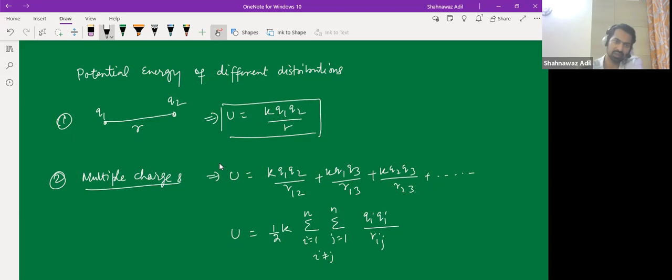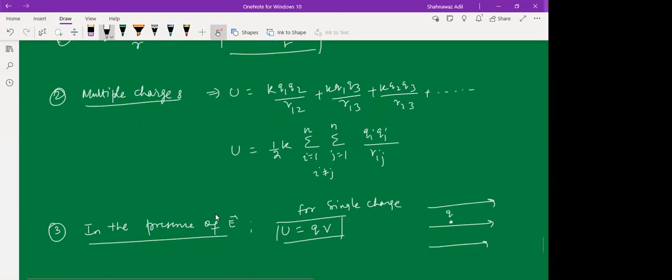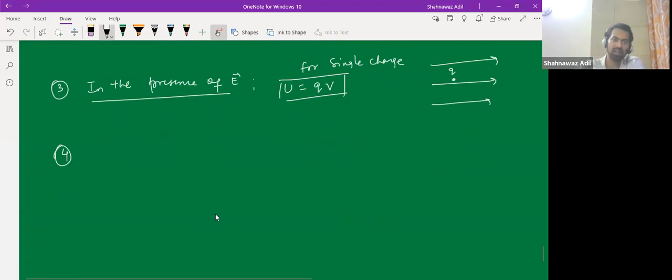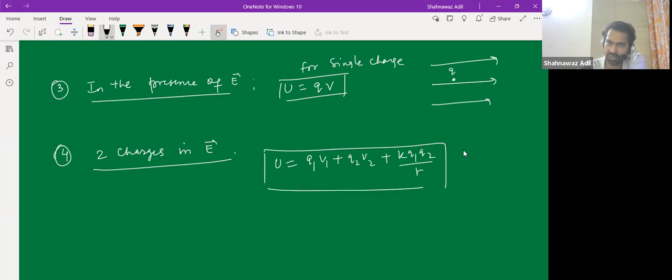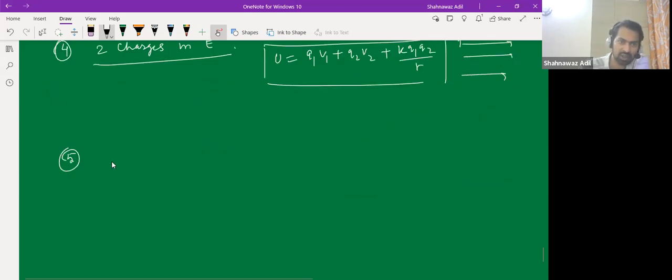Then we calculated the potential energy of two charges in an electric field. This was K times Q1V1 plus Q2V2, and then Q1Q2 by R. We had two charges, Q1 and Q2, in the electric field with separation R between them.